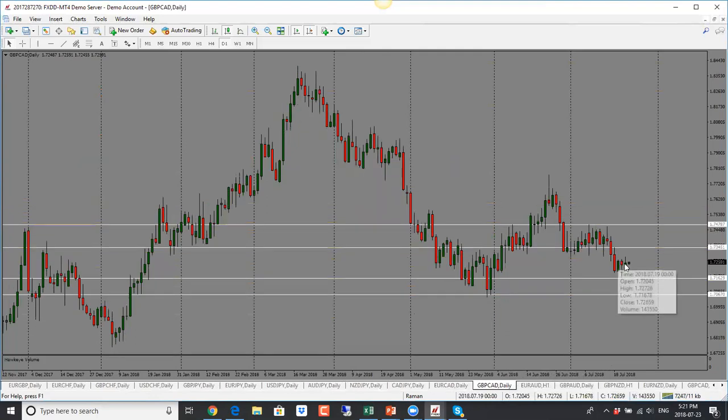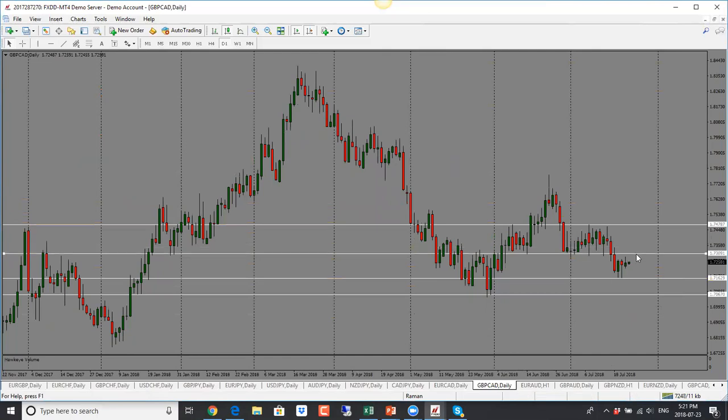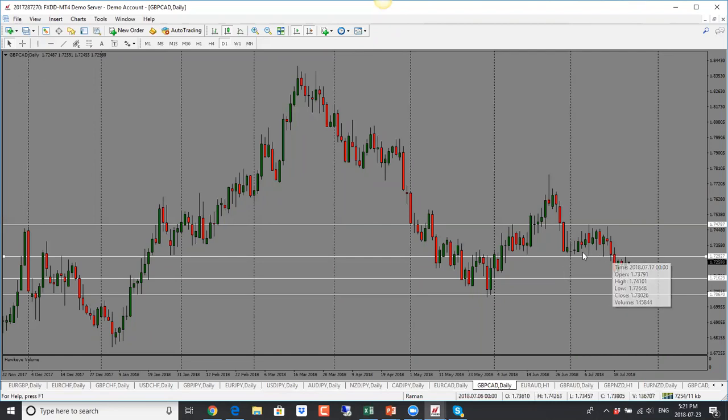Pound CAD here, this one shows a rejection here, but there is some bullishness. So in this case, we could look for a pullback into the 1.7280 level here. And if price goes into the high and rejects that level, that could present a good shorting opportunity, because that's a good support that should turn into resistance here.